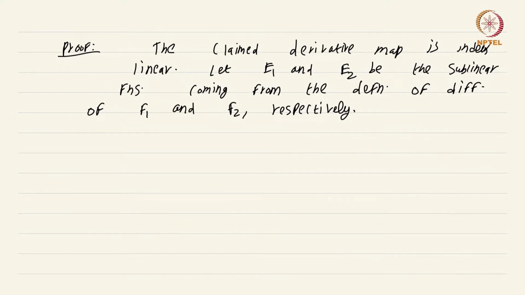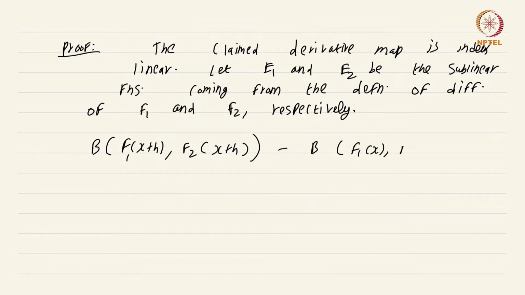So what do we have to compute? We have to compute B of f1 of x plus h, comma f2 of x plus h minus B of f1x, comma f2x. We'll have to compute this. And as usual, we add and subtract an appropriate term to make things go through.